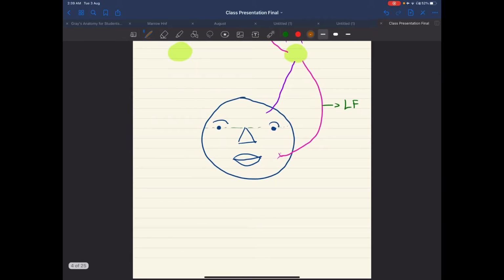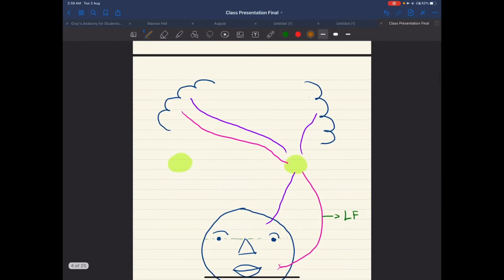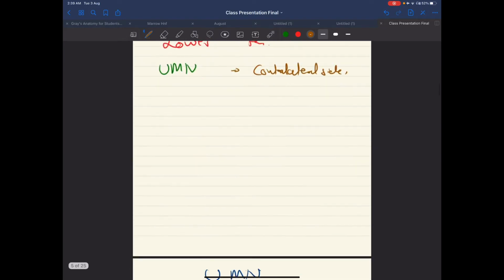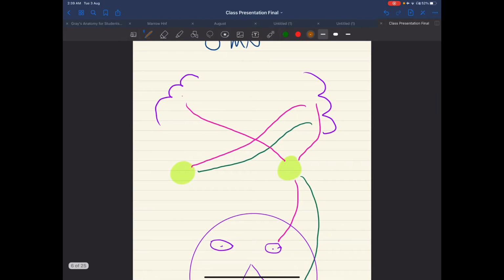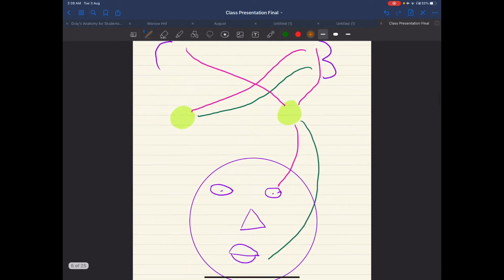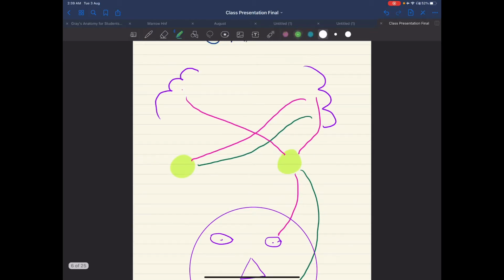Okay. If you have understood this, it will be very easy to understand the lesions. Now let's talk about the upper motor neuron lesion. For example, if there is an injury to the right side of the face, so this is lost, and this is lost.